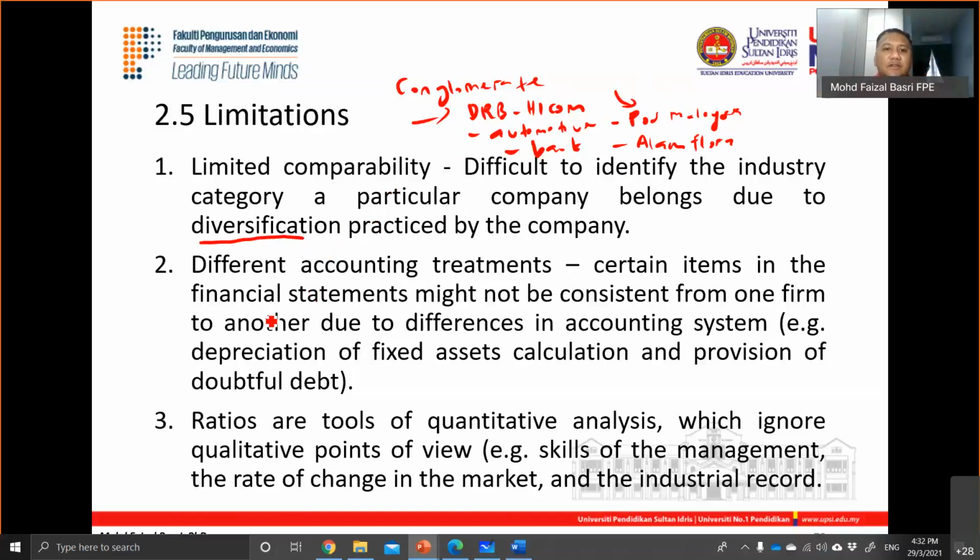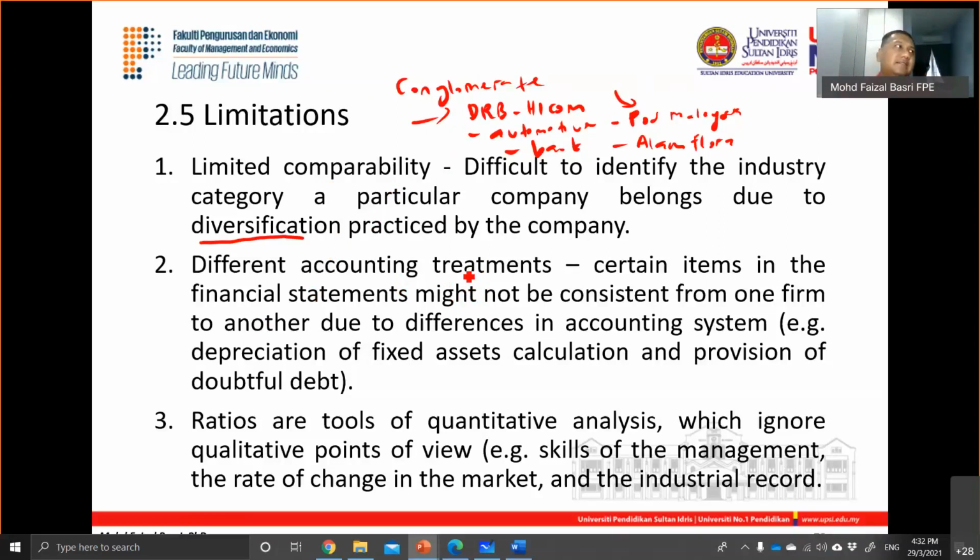Number two, different accounting treatment. This is basically quite difficult if you compare companies from different countries. So that's why in your assignment, please choose a company that is registered or established in Malaysia, right? Some companies are international companies.